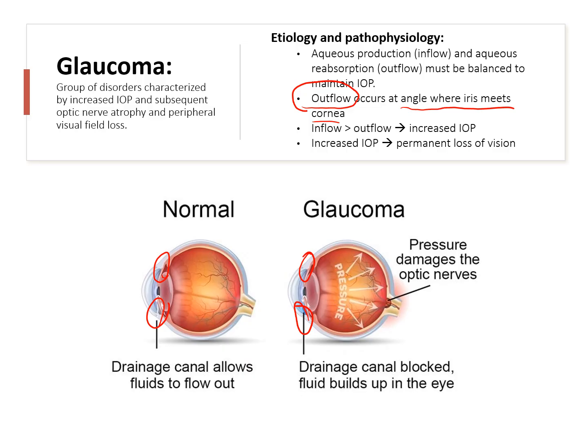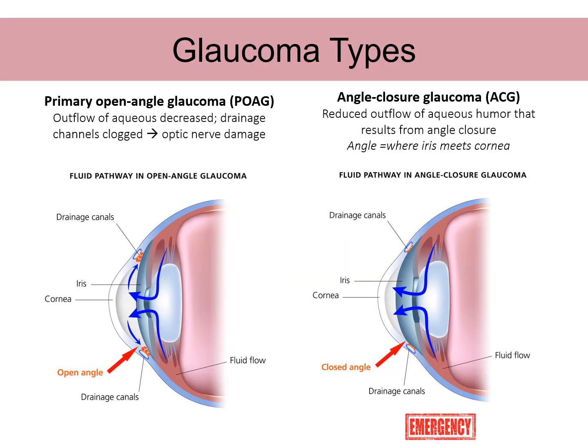So when the inflow is more than the outflow, meaning that there is more aqueous fluid coming in than going out, that's going to lead to increased intraocular pressure. This increased ocular pressure is going to result in permanent loss of vision, which is what we're going to try to prevent.